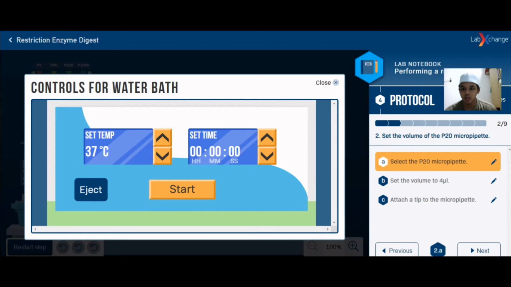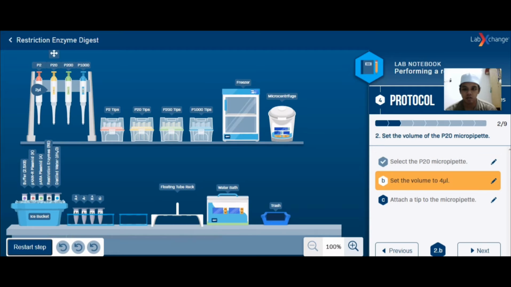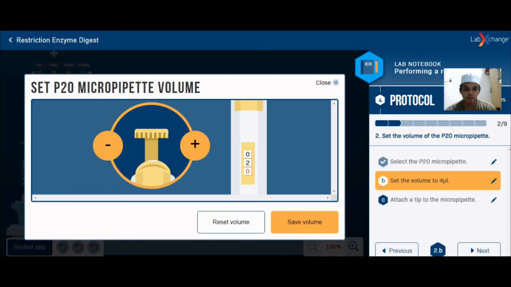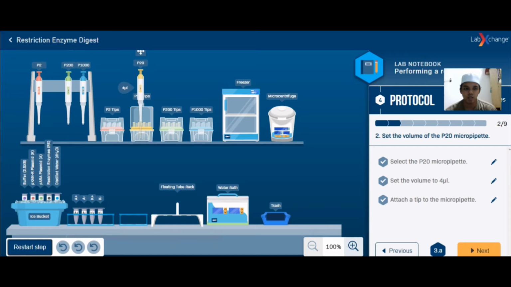Select the P20 micropipette. Set the volume to 4 µl. And then we need to attach a tip to the micropipette.